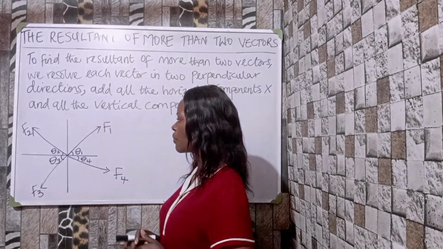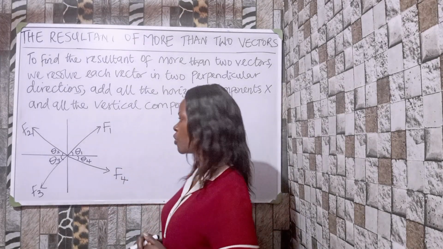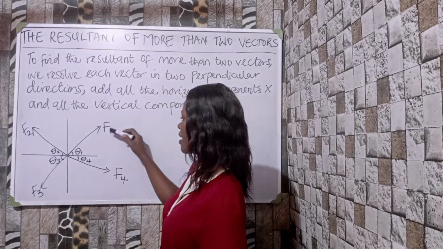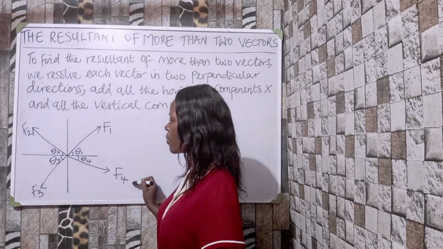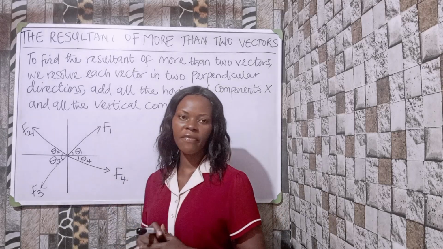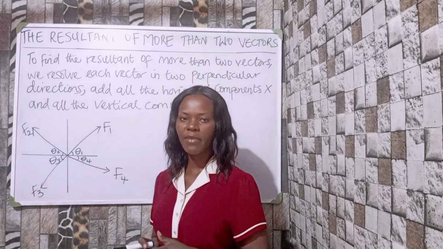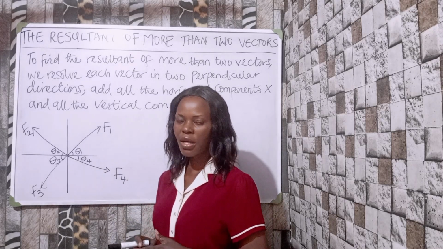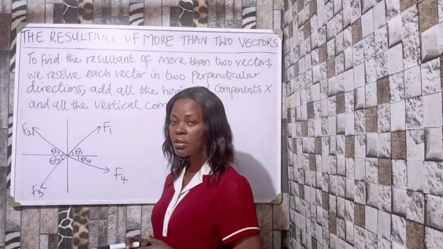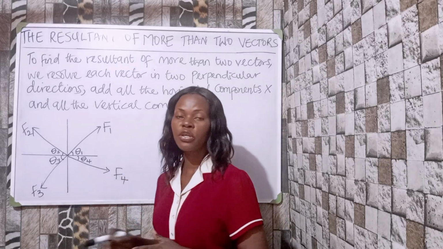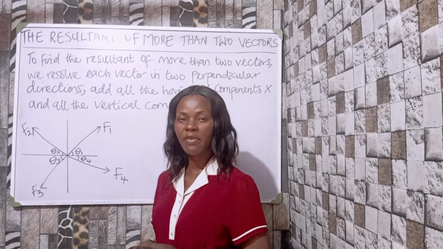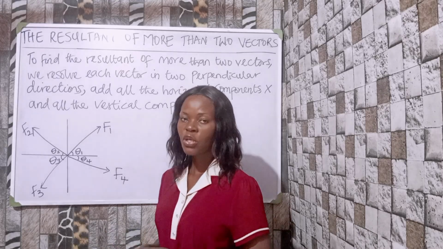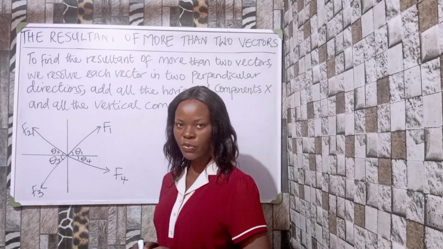Looking at the diagram we have on the board, we have four vectors: f1, f2, f3, f4. We want to resolve these four vectors into horizontal and vertical components. We are going to resolve all of them into the horizontal component first, and then resolve them again into vertical components. So watch out and see how we are going to do that.